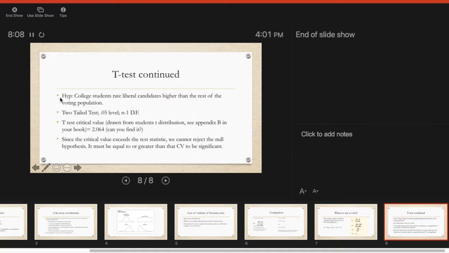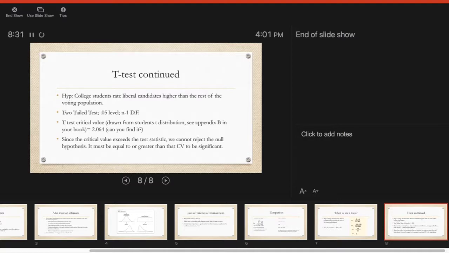So here, just to summarize, your hypothesis was that college students rate liberal candidates higher than the rest of the voting population. You have conducted a t-test, which is a test of 2 means. You have conducted a two-tailed test, which means that you are assuming that error lies in both ends of that normal distribution, right?